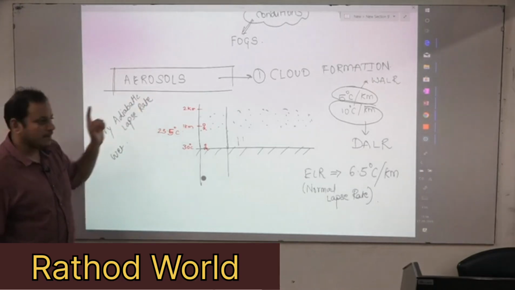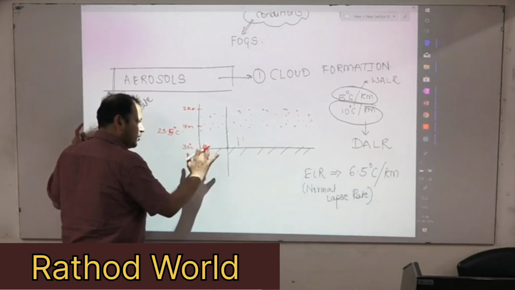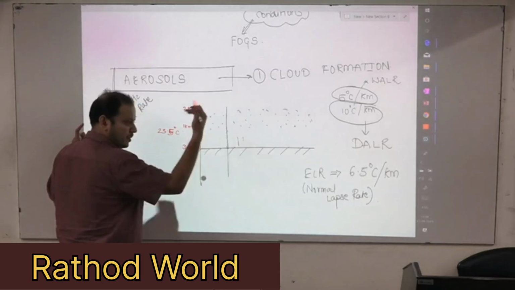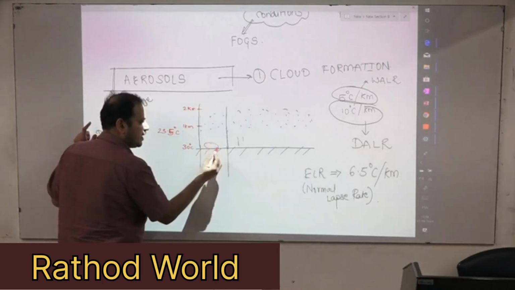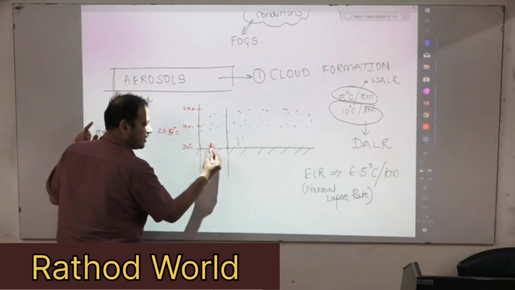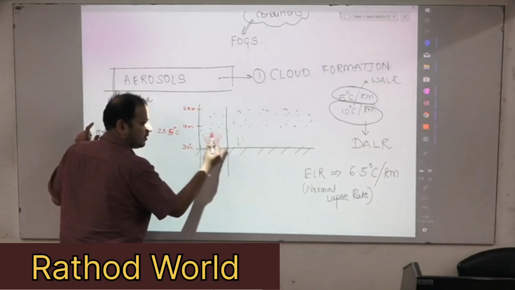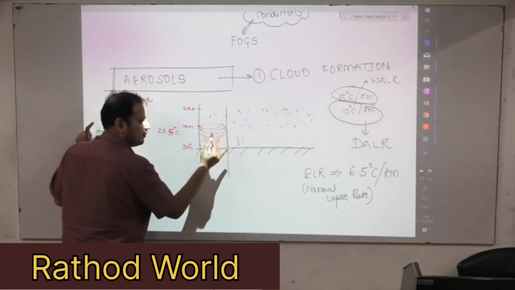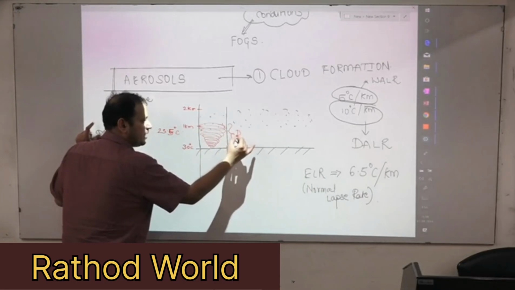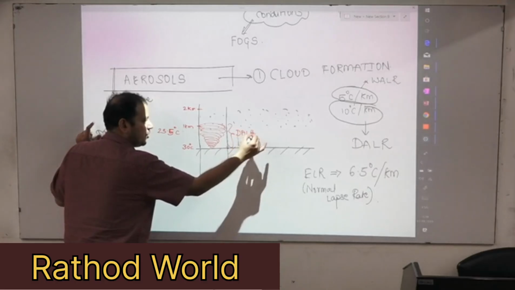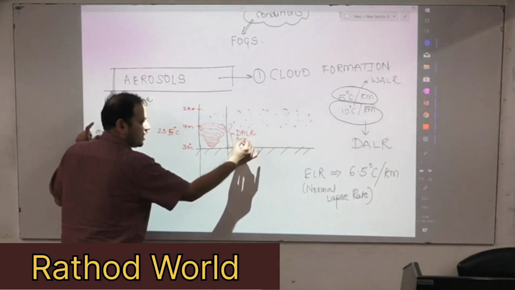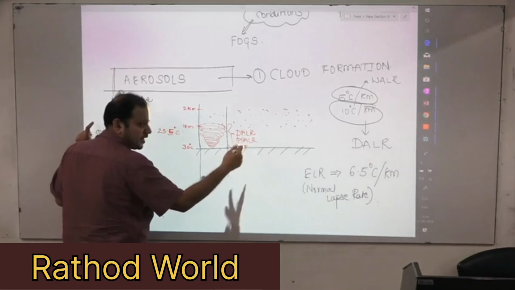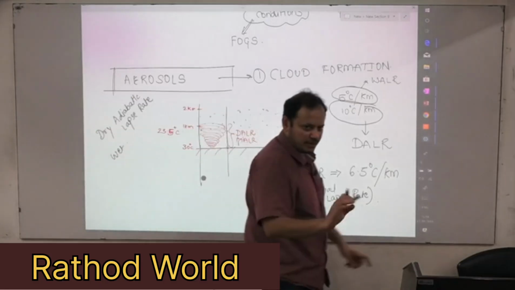Getting it? But if you are constant, forget yourself now, consider the air here, and this air will start rising upwards by Ekman's spiral. It will cool either by the dry adiabatic lapse rate or by the moist adiabatic lapse rate, or wet adiabatic lapse rate, whatever it is written.